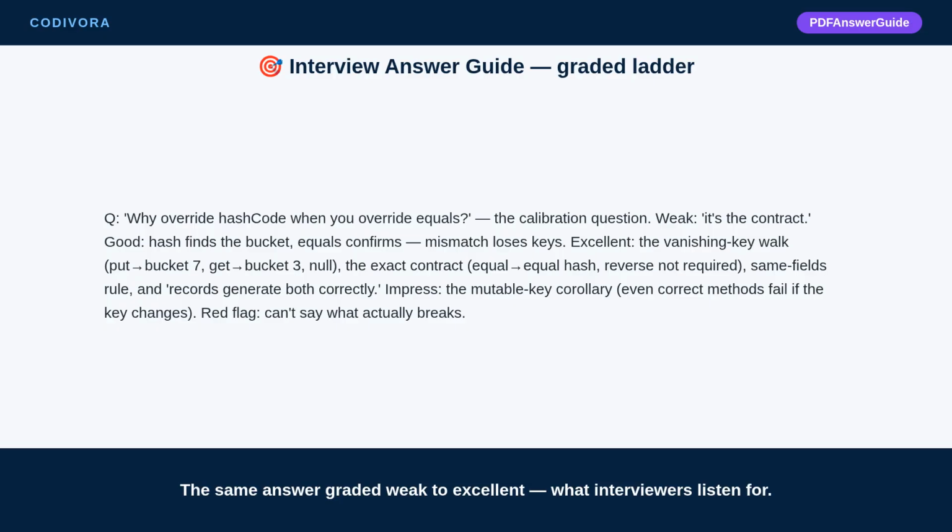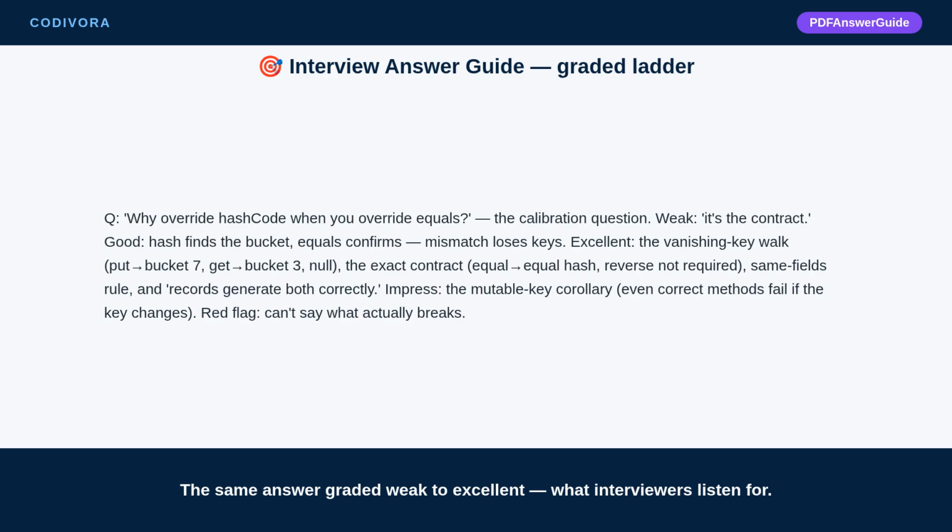Here is how the same answer is graded, from weak to excellent, so you know exactly what an interviewer is listening for. Question: why override hashcode when you override equals? The calibration question. Weak: it's the contract. Good: hash finds the bucket, equals confirms, mismatch loses keys.